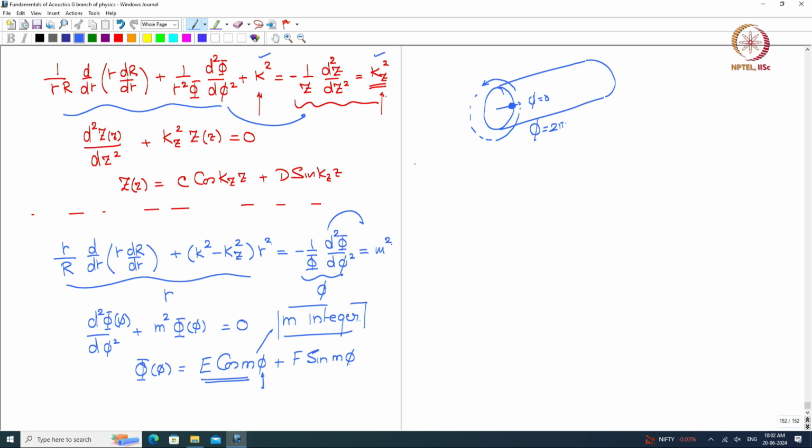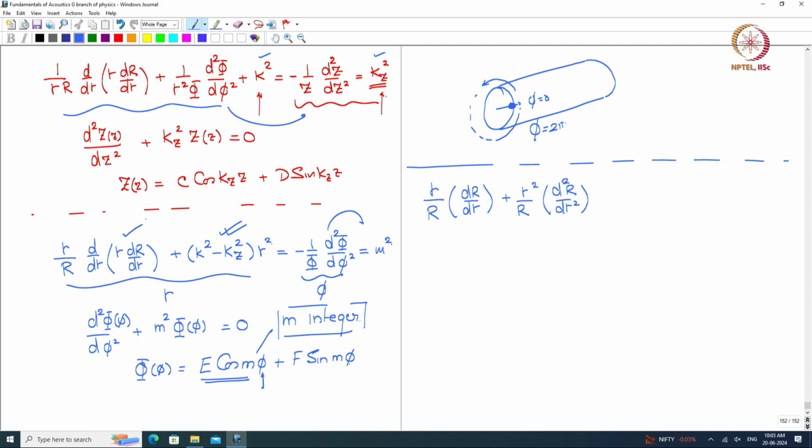Okay, so now we have taken care of the phi equation also, and the remaining now is here, which looks like r over R dR by dr plus r square over R d2R by dr square.